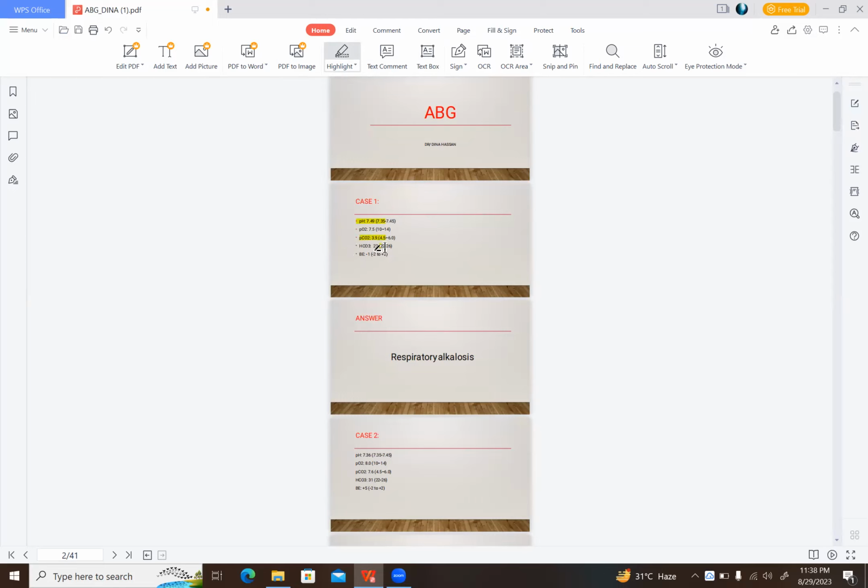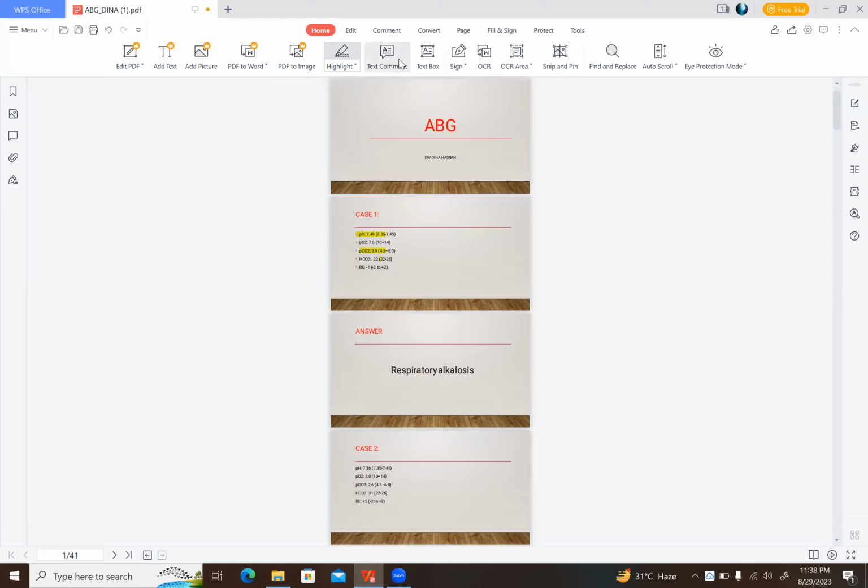Bicarbonate is 22. pH is more, so it becomes alkalosis. Carbon dioxide is less and bicarbonate is normal. If carbon dioxide is less, then it becomes alkalosis. And as bicarbonate is normal, it is the scenario of respiratory alkalosis.